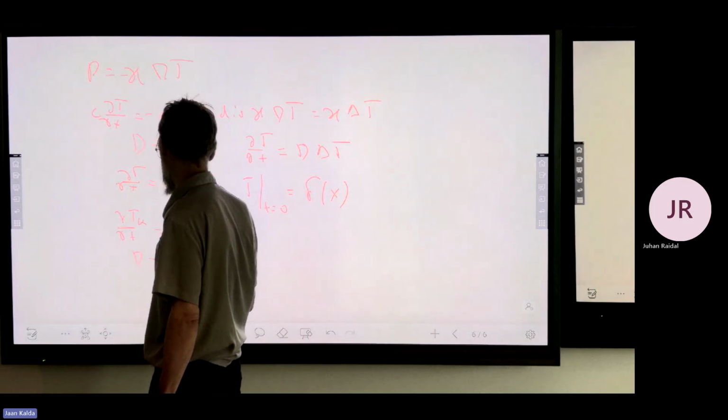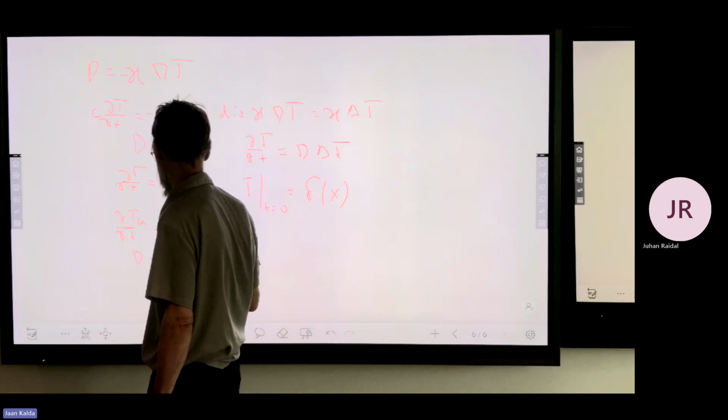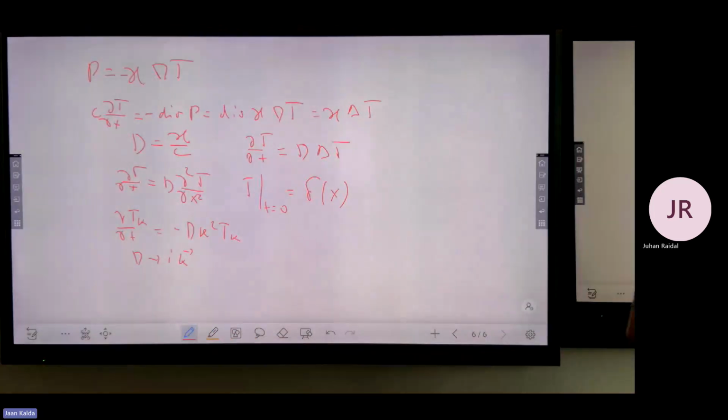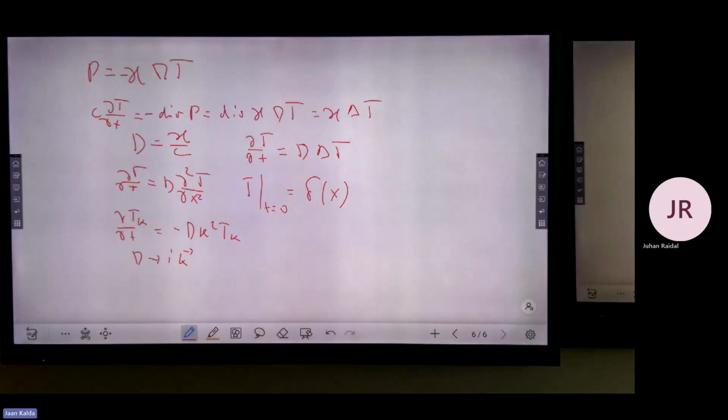The gradient goes to i times k. If we have a derivative in physical space, in Fourier space it is just multiplying by the wave vector times i. Which means that all the differential equations become algebraic equations in Fourier space.